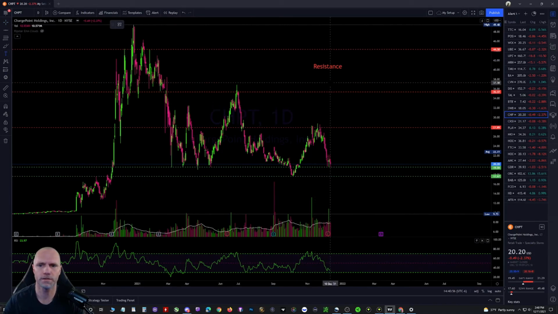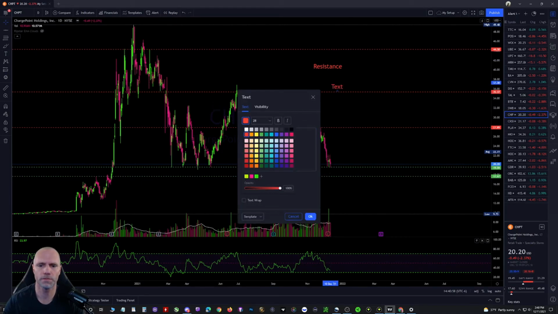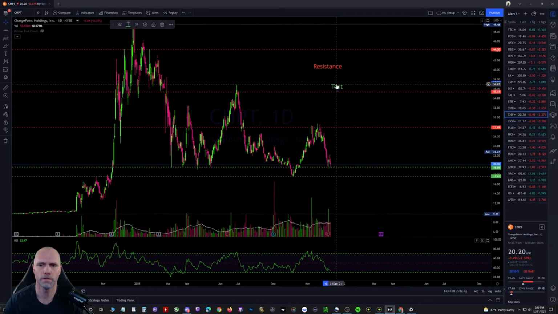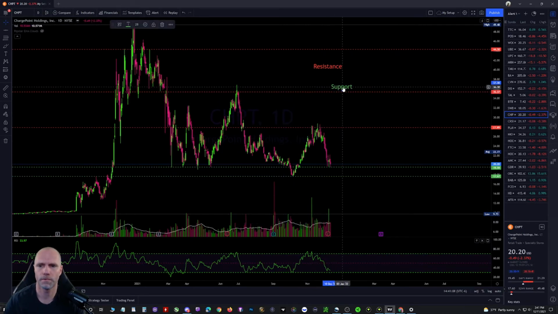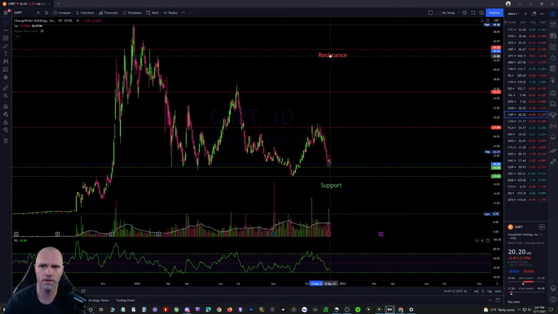Click on our text, bring it out, change this one to green, and we'll call this one support. This way, when people come in to look at your chart, they can tell that the red lines are the resistance lines and the green lines are the support lines.